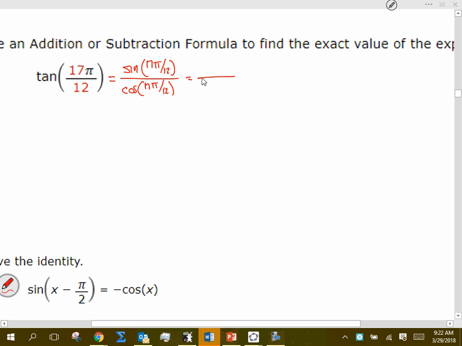So the best thing to do is to take this 17 pi over 12 and multiply it by 180 over pi, right? And if I do that, 255 degrees. Is that easier to think about than 17 pi over 12? Yeah, okay.